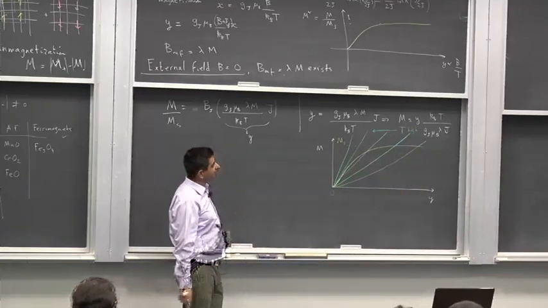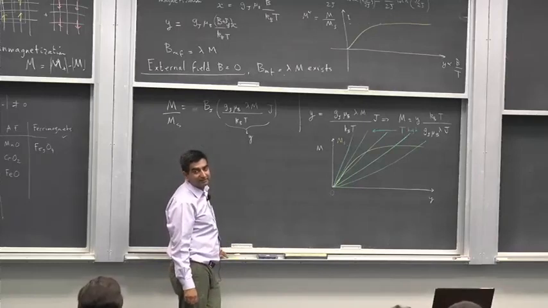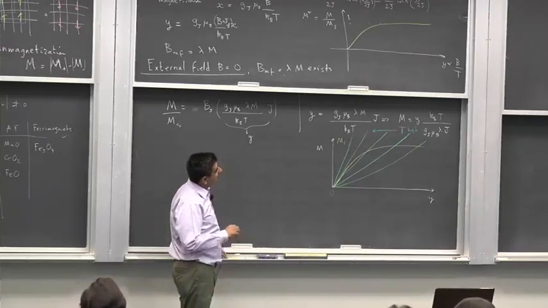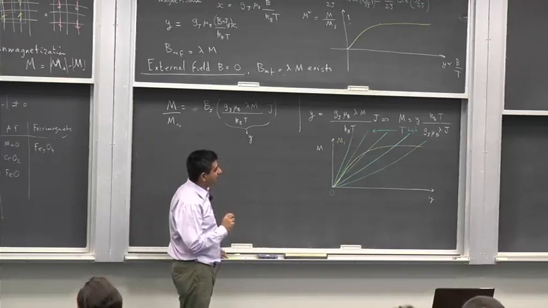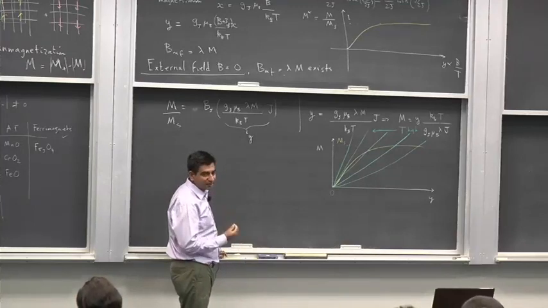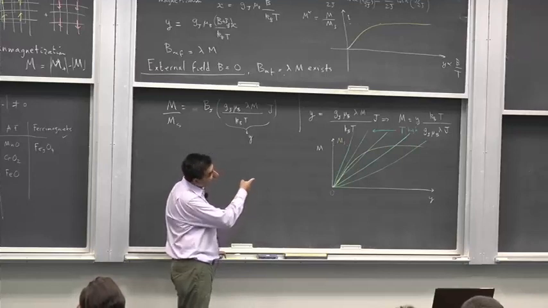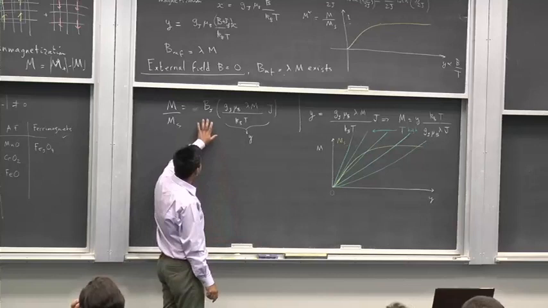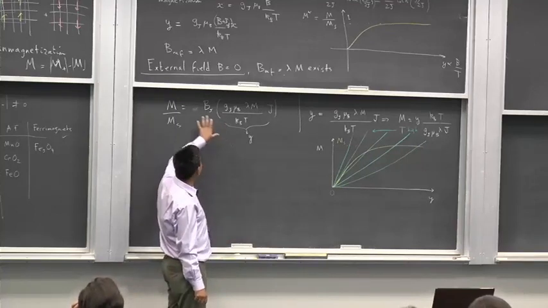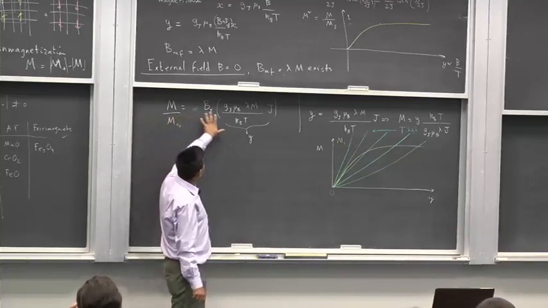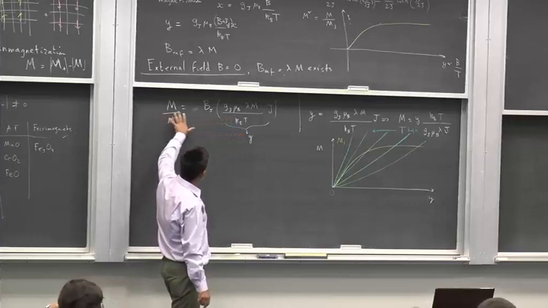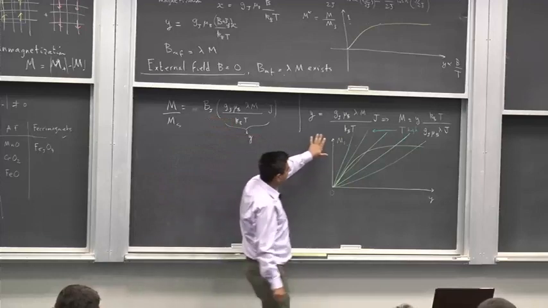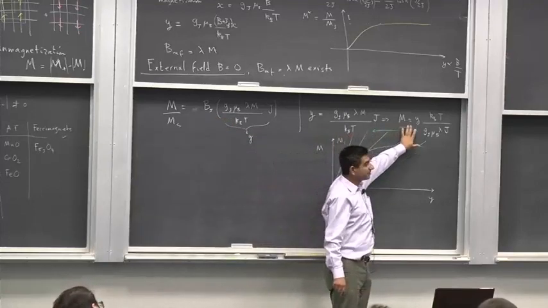Now if there is an internal field inside the solid, then that internal field must produce a magnetization which is compatible with both of these graphs at the same time. The internal field results in a magnetization which is describable by the Brillouin function, and the internal field is also describable by this function.